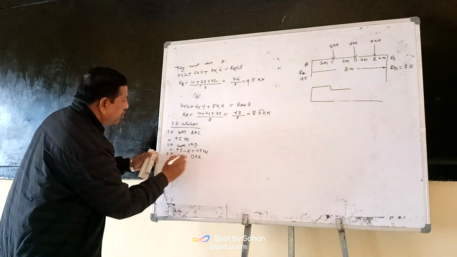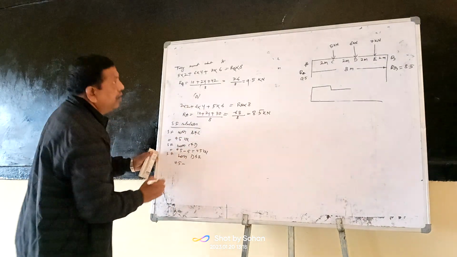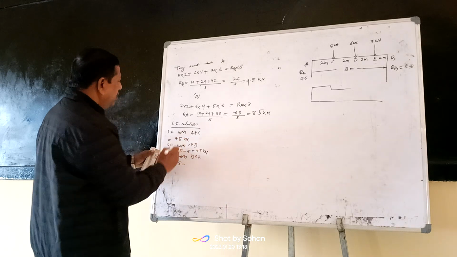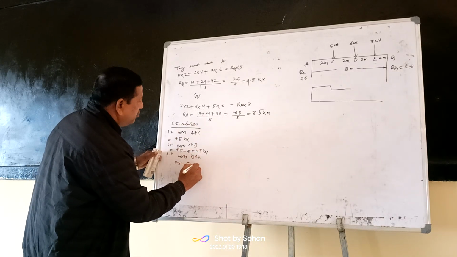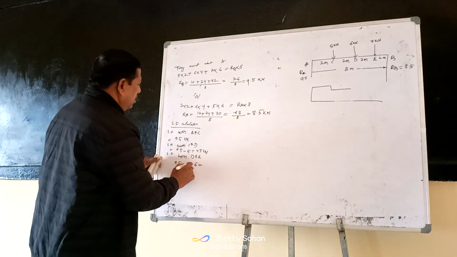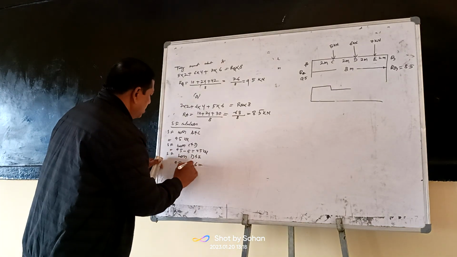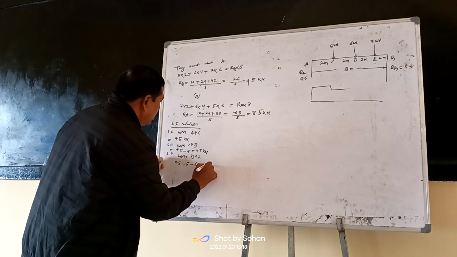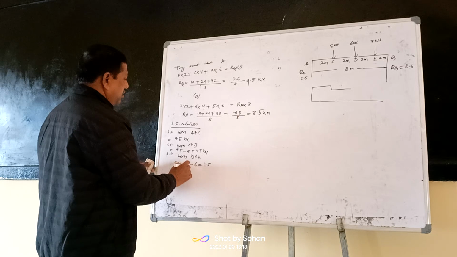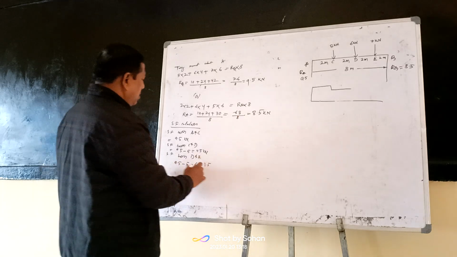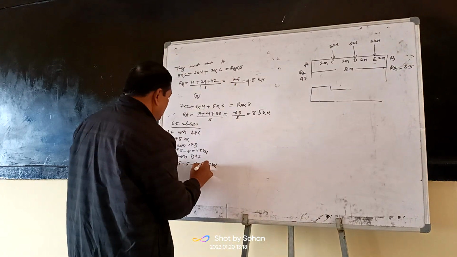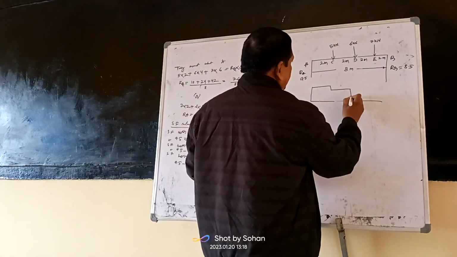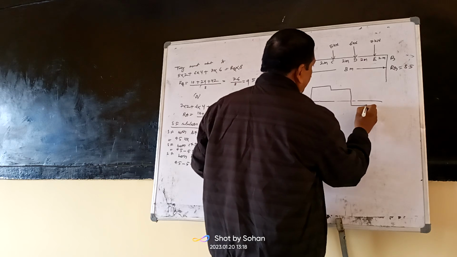Then the shear force between D and E is equal to 9.5 minus 5 minus 6, which is minus 1.5 kilonewton.